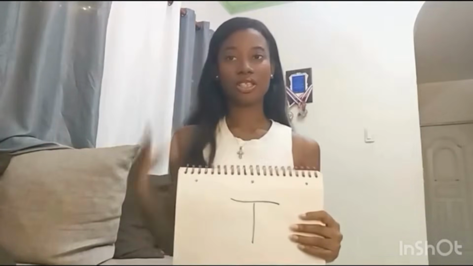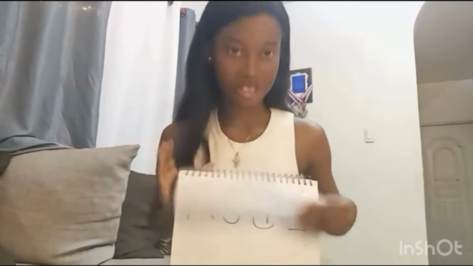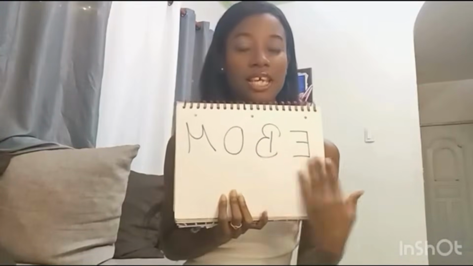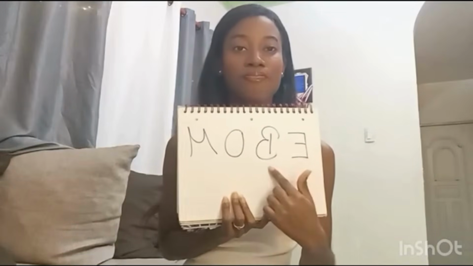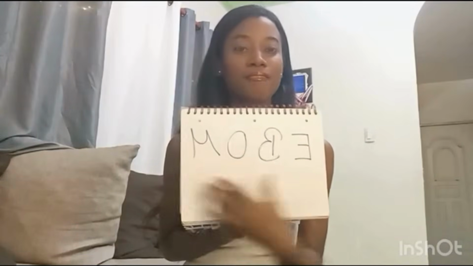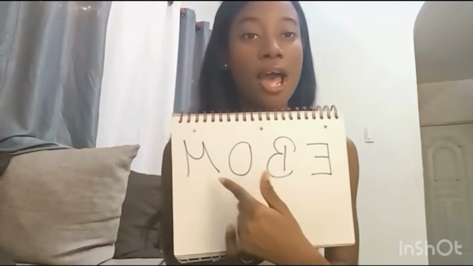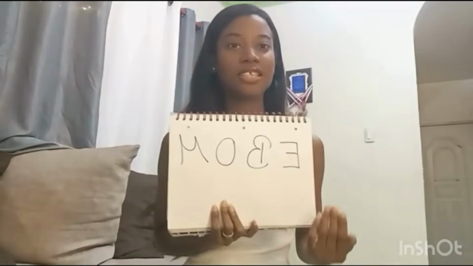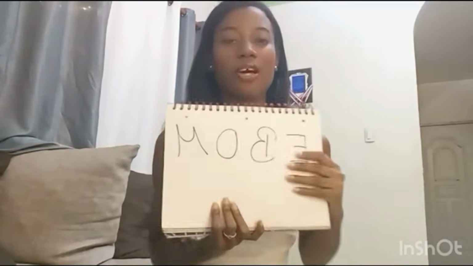Now we have those samples. I want to leave you this exercise. Here we have two vowels, E and O, and here we have two consonants, B and M. What we have to do is analyze these letters and look at each other.